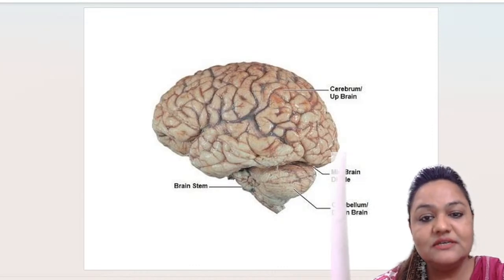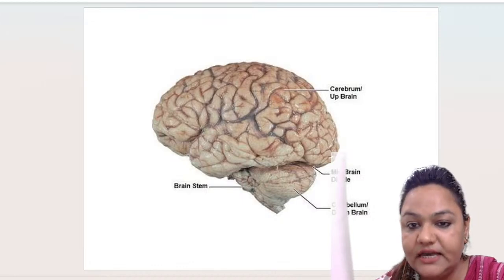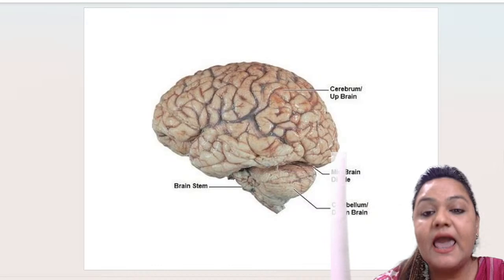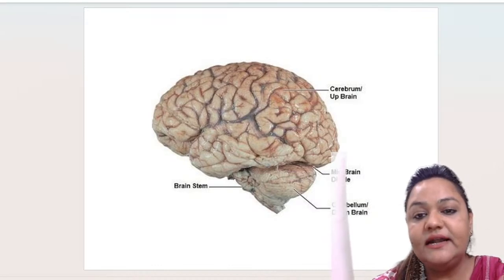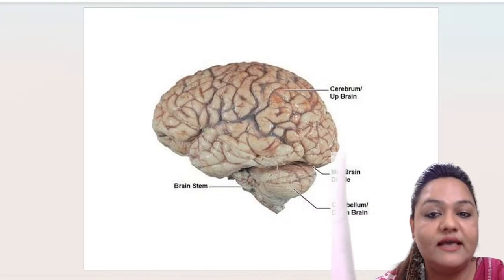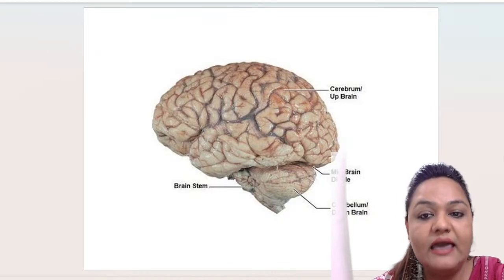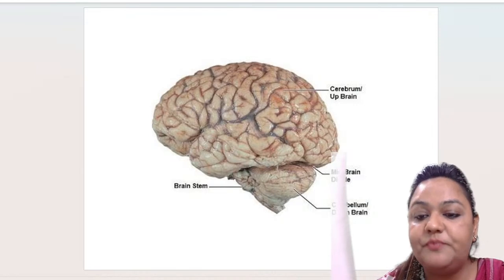So the cerebrum has to fit into that small cranial cavity, so it undergoes convolutions, and due to these convolutions these elevations and depressions occur, and they are called the sulci and gyri. Here you can see the sulci and gyri on all the surfaces of the cerebral hemisphere.